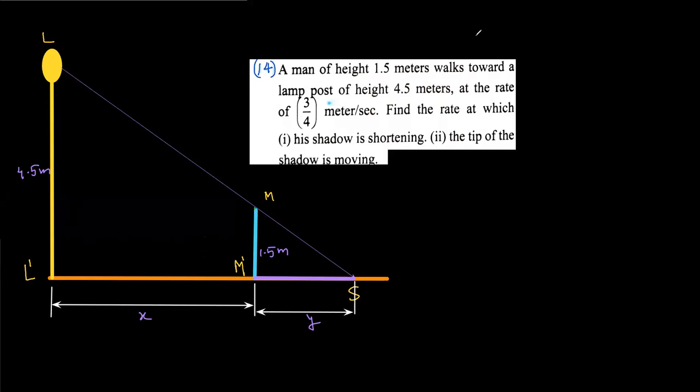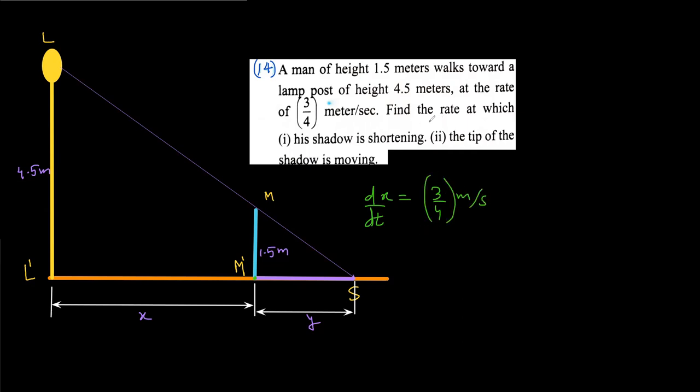And the speed at which the man is walking is given to be 3 by 4 meter per second. So when the man is walking, this is the point of contact of the man with the ground level. When the man is walking, it is this x distance which is decreasing. So we are given dx by dt is 3 by 4 meter per second.